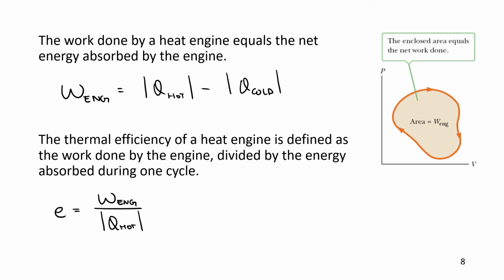There's another form of this. I'll just write them all out. We can rewrite it as that equation above: |Q_hot| minus |Q_cold| over |Q_hot|. And these are absolute value signs, so it doesn't matter if it's positive or negative. It's always hot minus cold.